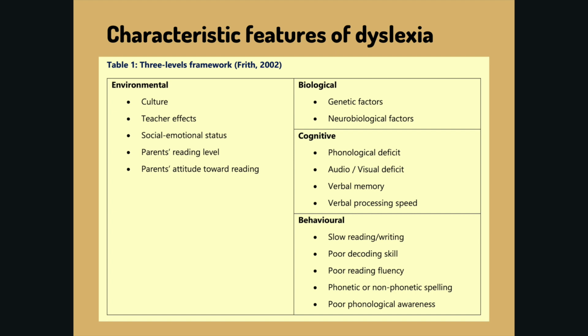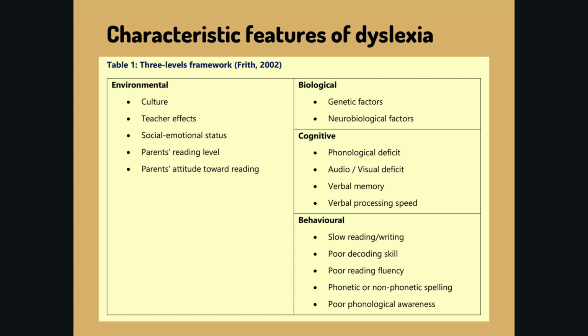Okay, so what are the characteristic features of dyslexia? This 3 levels framework comes from Frith, and Frith has devised a way of categorizing some of the features of dyslexia into biological, cognitive, and behavioral factors.